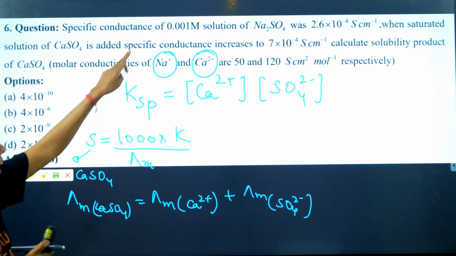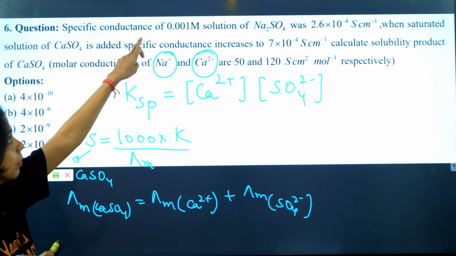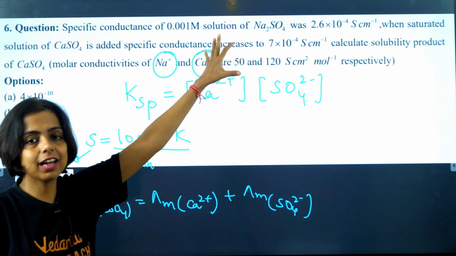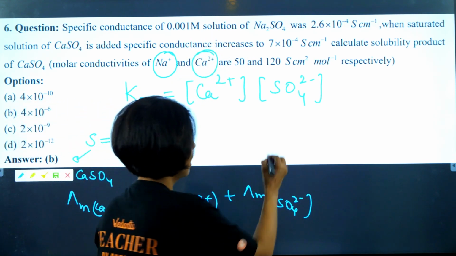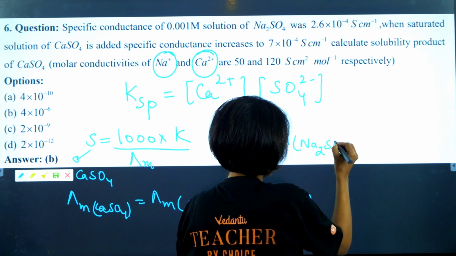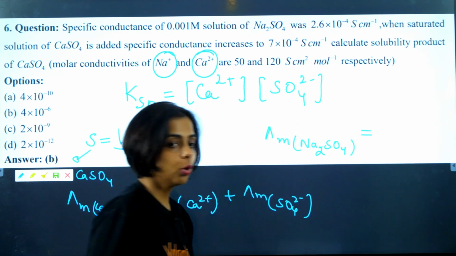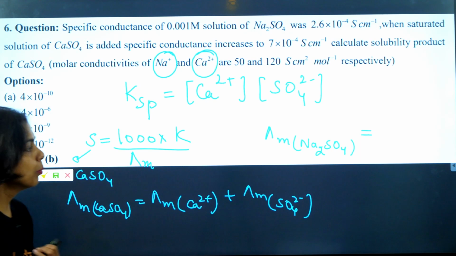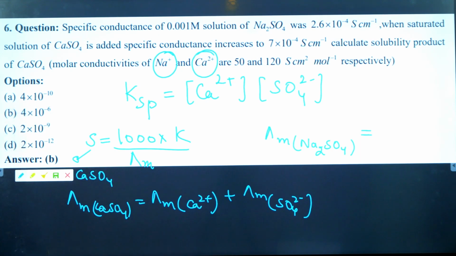Molarity of Na2SO4 is given and specific conductance is given. We can calculate the molar conductance of Na2SO4. We need molarity and kappa: 1000 into kappa upon m.